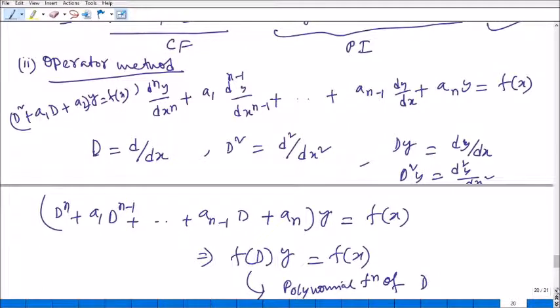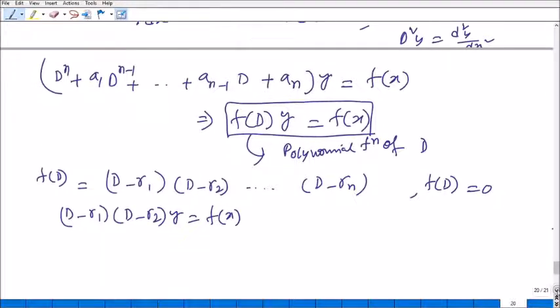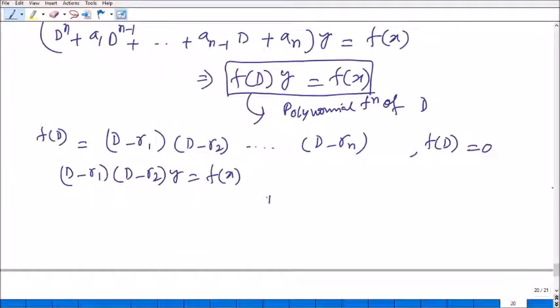The general expression of this non-homogeneous differential equation is f(D) y equal to f(x). For first order, we write D y equal to f(x). Suppose a simple first order linear differential equation, dy/dx equal to f(x). In operator form, we write D y equal to f(x).